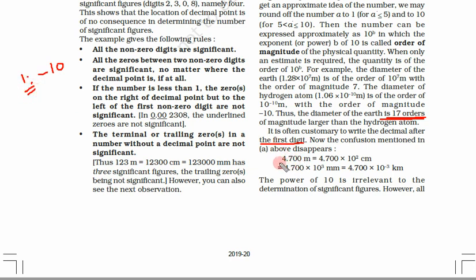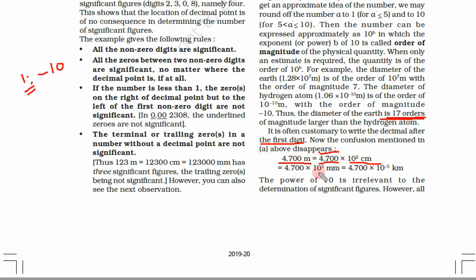If we have 4.700 meter, how can we write it in centimeter? We write 4.700 into 10 to power 2 centimeter. This is scientific notation, and these zeros are after the decimal, which means they are significant zeros. So we know there are 4 significant digits.